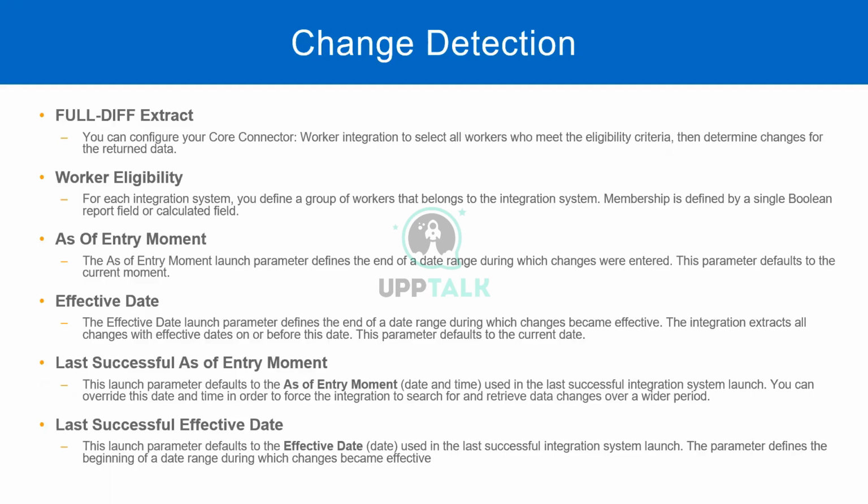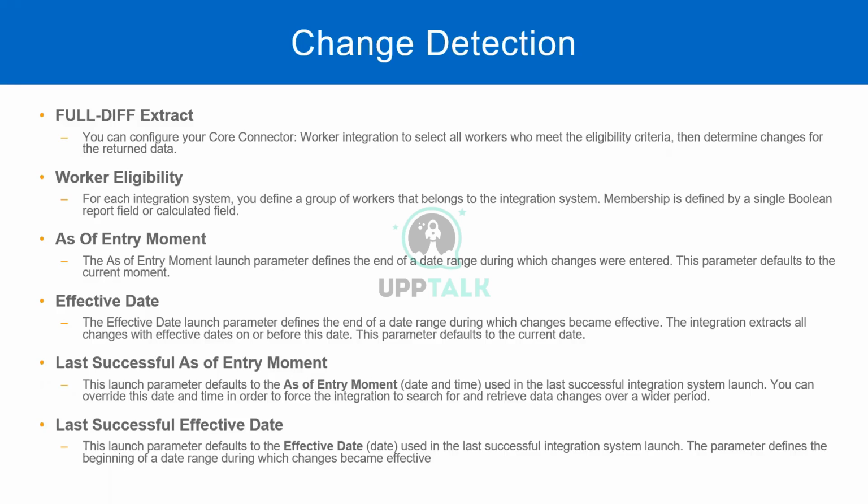Now this is done for performance, to improve the performance. And then it works with another field called worker eligibility. So eligibility criteria is nothing but a filter condition. It is a filter condition to identify a population of workers whom you are considering.